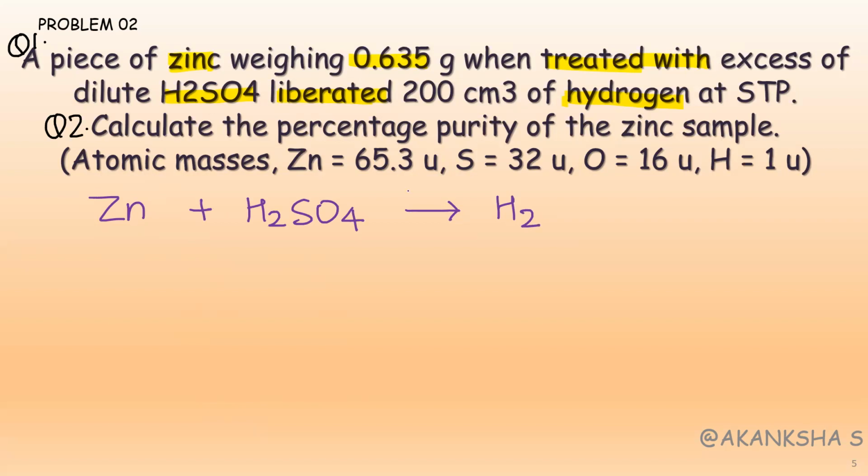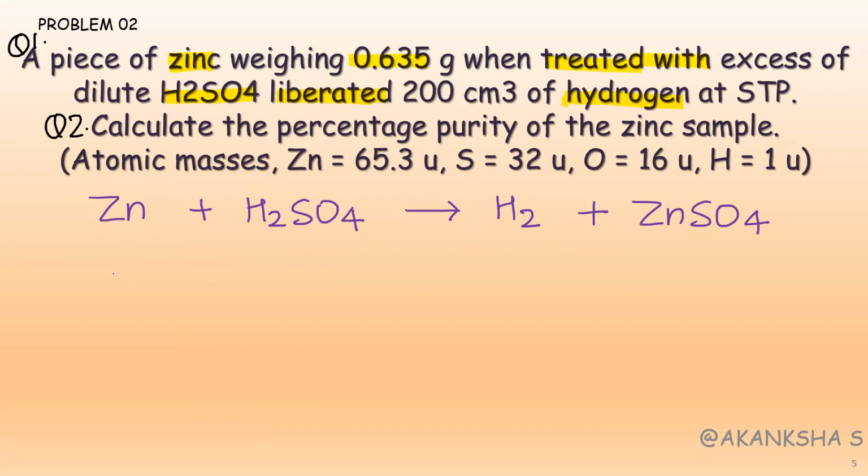Now we know if hydrogen is removed from the equation, zinc reacts with sulfate to give ZnSO4. Let's see whether it's balanced or not. Yes, it's balanced. Now, what is being given over here? Zinc weighing something treated with H2SO4 liberates hydrogen.